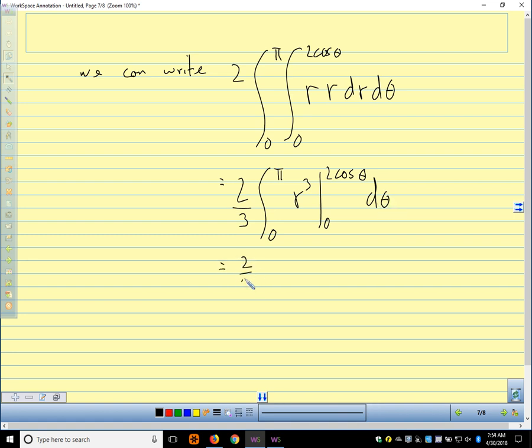So that's going to be 2/3 the integral from 0 to pi of 8, so I'm going to make that a 16, cosine cubed theta d theta. The 2 cosine theta cubed, so we had to cube that. All right. What is the period of cosine cubed theta?